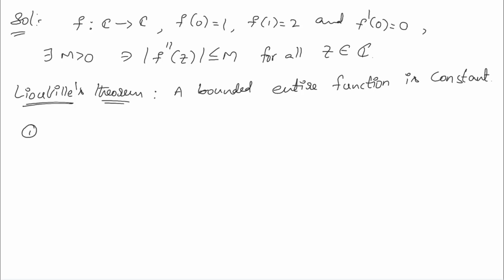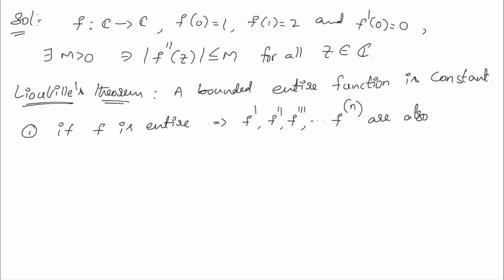Point 1, if f is entire, implies f dash, f double dash, f triple dash and so on, any nth derivative of f, are also entire.